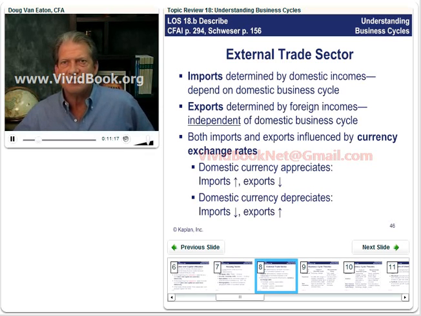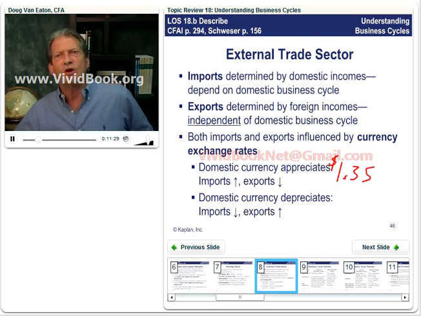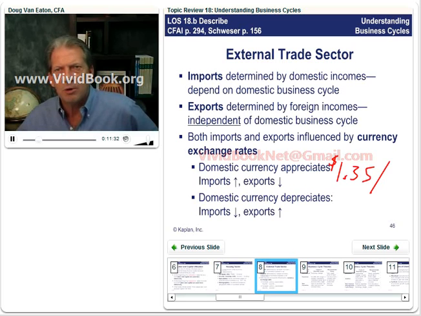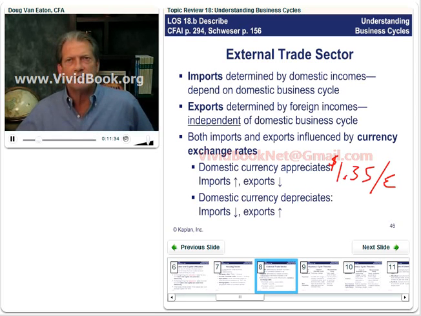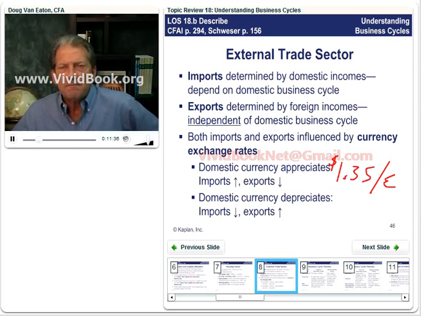Well, let's take the simple example of the price in dollars of a euro. So let's say euros are $1.35 per euro. Okay, so what do we mean? Domestic currency appreciates. Well, if the dollar appreciates, the price of a euro goes down.